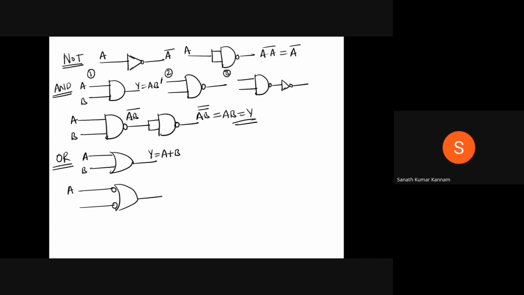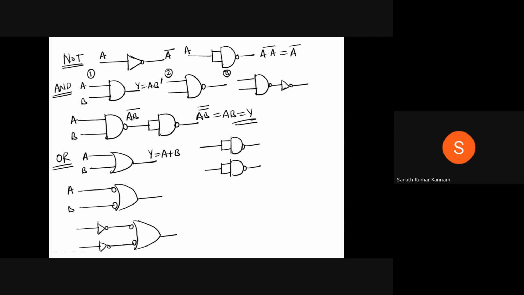Now, wherever you added the bubble, you need to add the inverter. And next, replace the added inverter with the equivalent NAND gate. So this is a NAND gate, and this is one more NAND gate as an inverter.